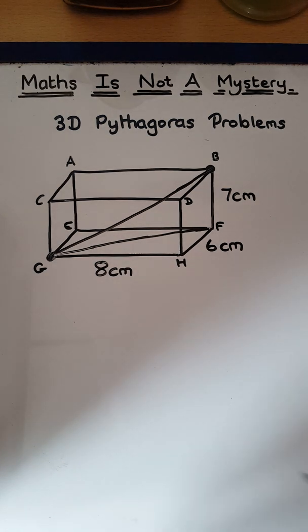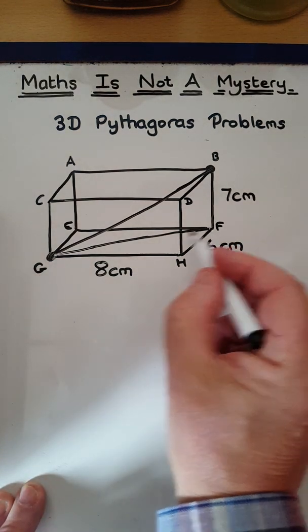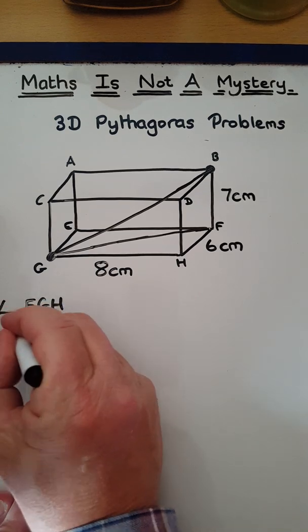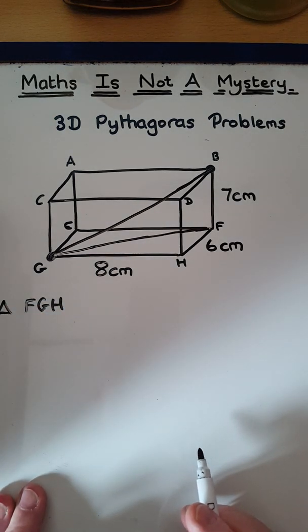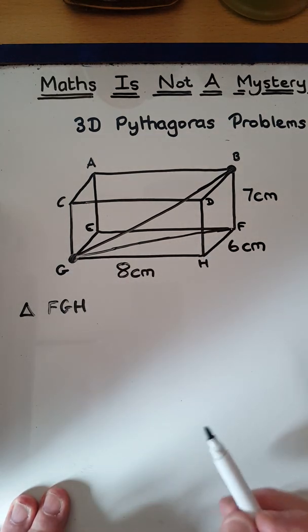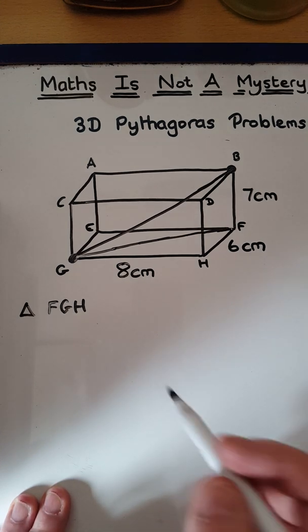We've created a triangle FGH here. Triangle FGH is the triangle that operates on the base of this. And we can use triangle FGH to find the first missing number.